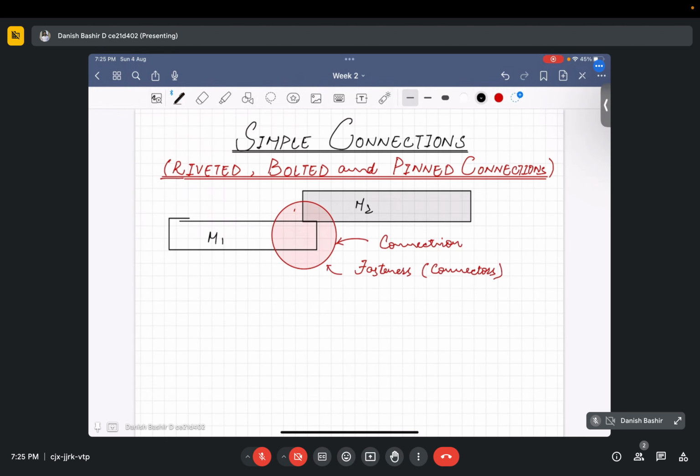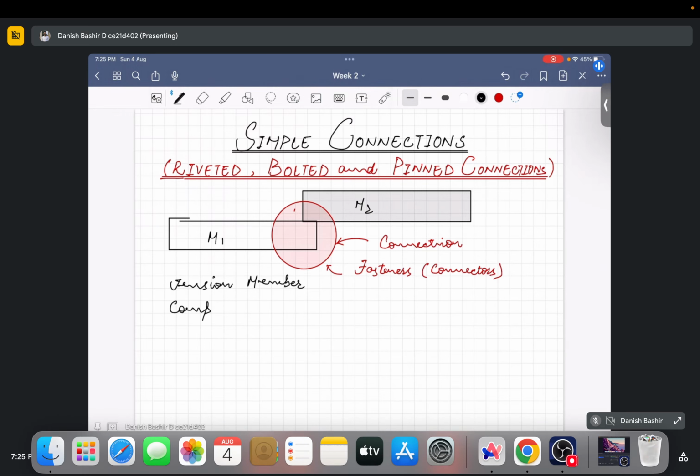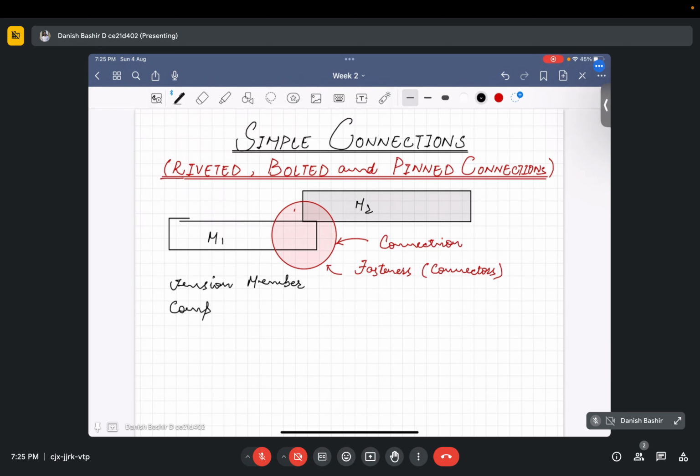A member can be a tension member, it can be a compression member, or it can be a flexure member.